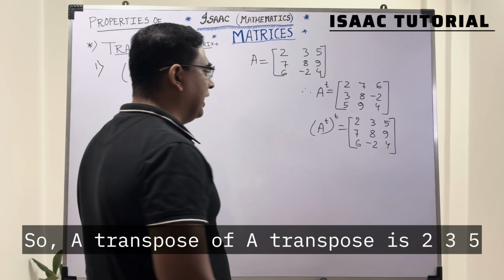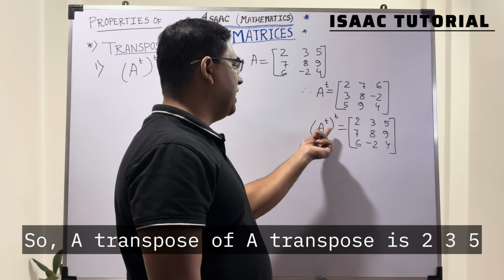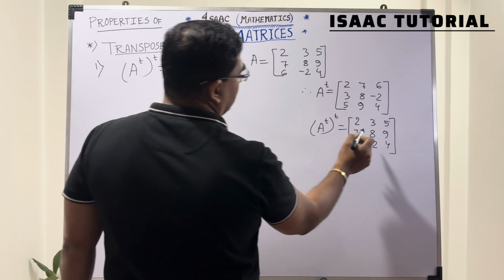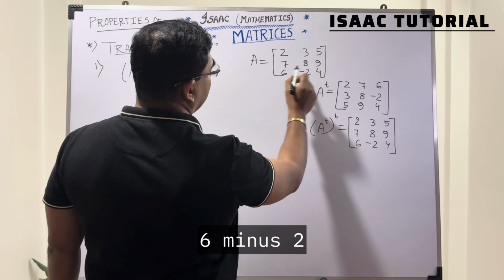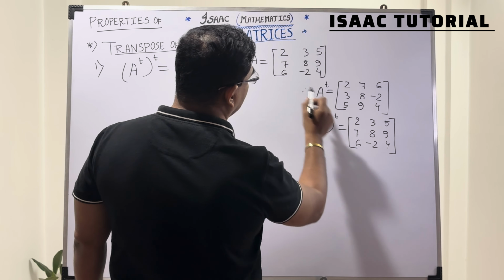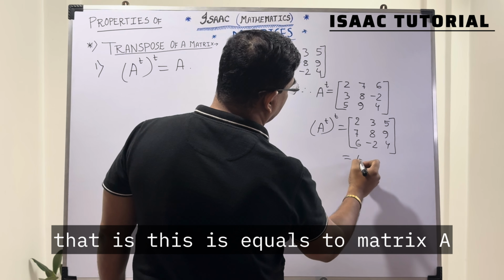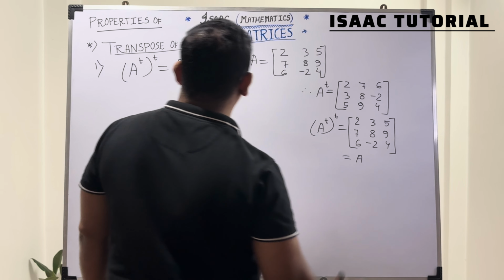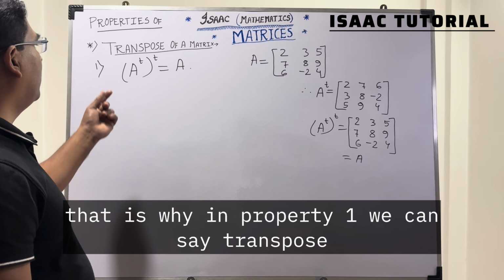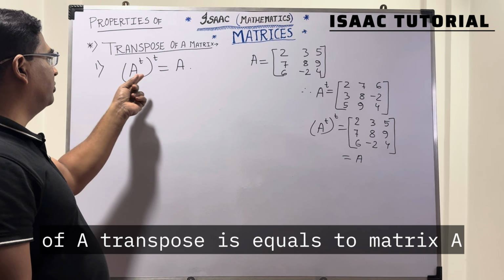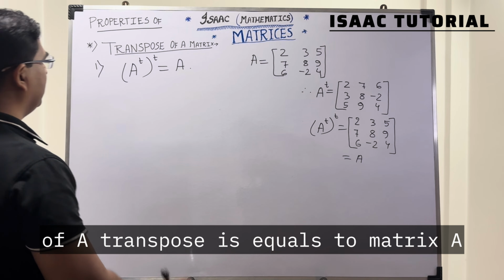So transpose of A transpose is 2, 3, 5, 7, 8, 9, 6, minus 2, 4. That is, this is equal to matrix A. That is why in property 1 we can say transpose of A transpose is equal to matrix A.